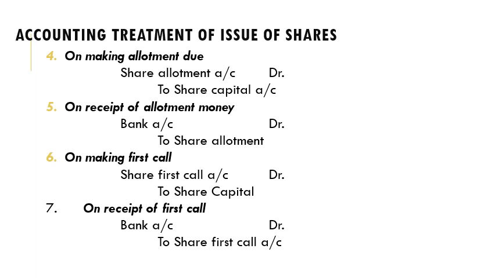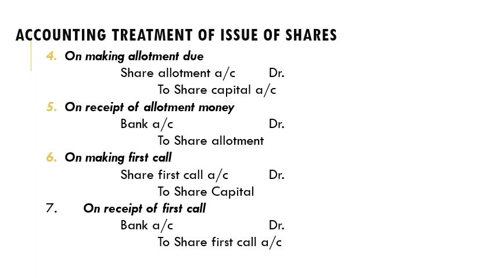Then the next step is to make the allotment due. In order to make the allotment due, the journal entry is share allotment account debtor to share capital.